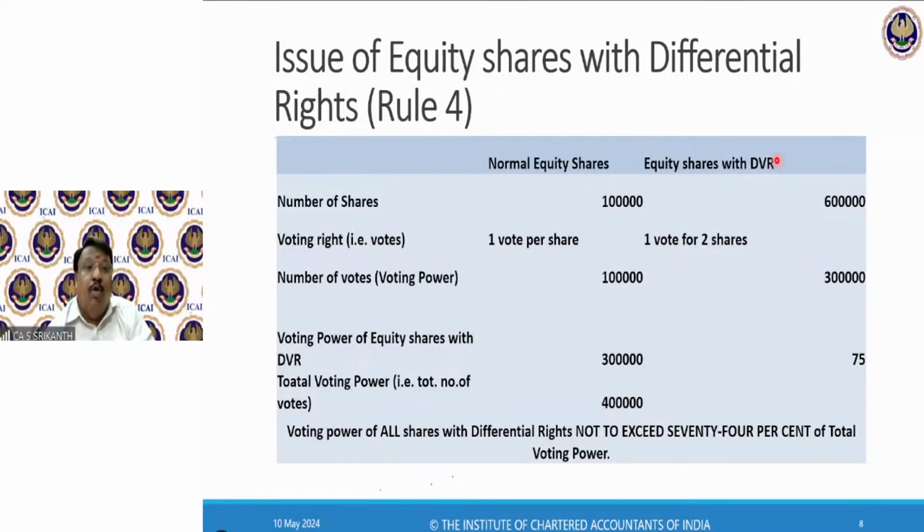All right. Now, what is the total voting power? Be careful. Total voting power is 1 lakh plus 3 lakhs, 4 lakhs.